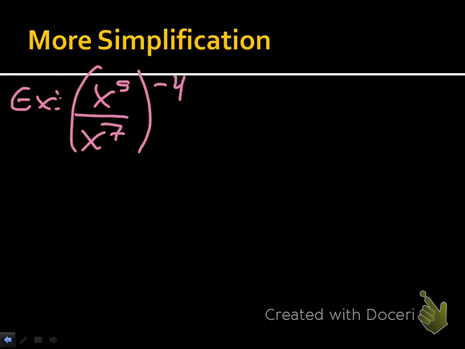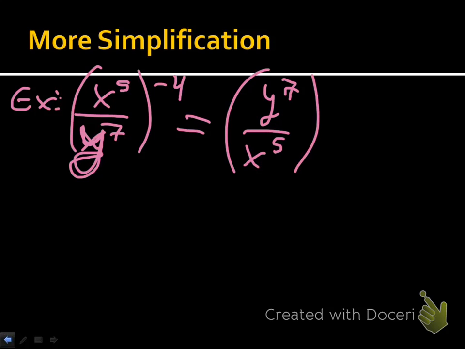Let's suppose I had x to the 5th over y to the 7th, to the negative 4. I'm just going to flip it and make it a positive power. That's the first thing I'm going to do: y to the 7th divided by x to the 5th, to the positive 4th.